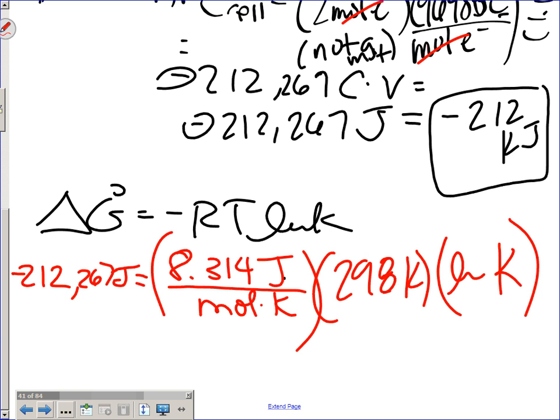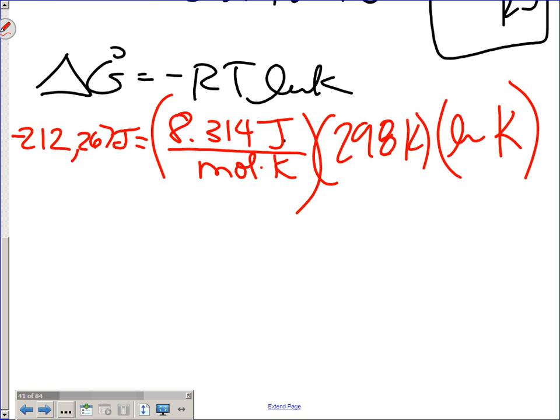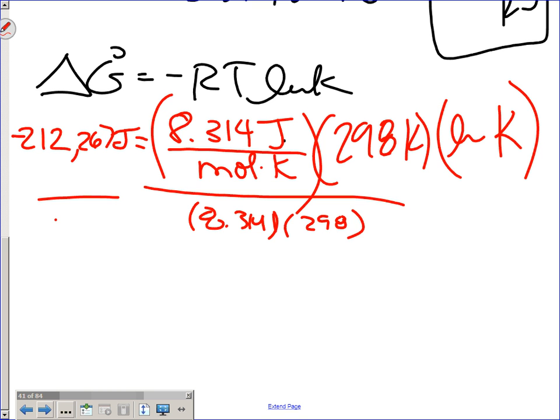It would be e to the negative delta G over RT. When you divide by 8.314 times 298 on both sides, ln of K equals whatever that whole mess is, and then your opposite of ln is e.